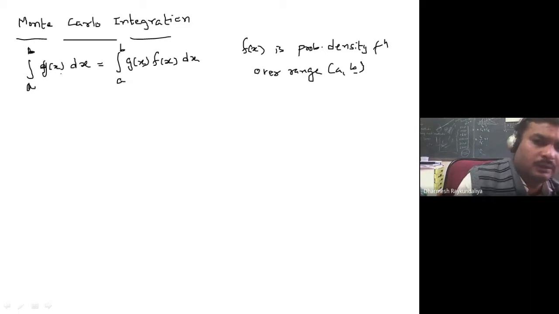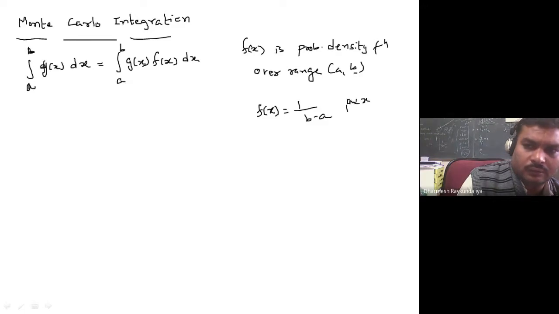So if I am considering f(x) as uniform, then f(x) is equal to 1 upon b minus a, where x lies between a and b.